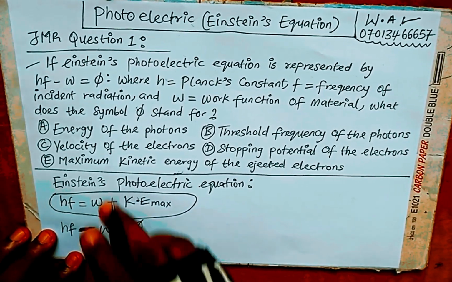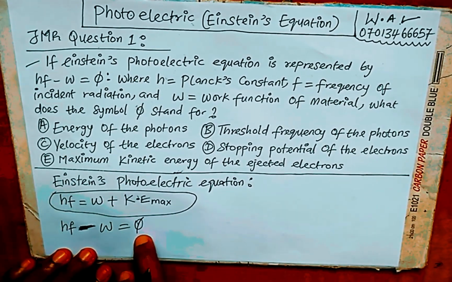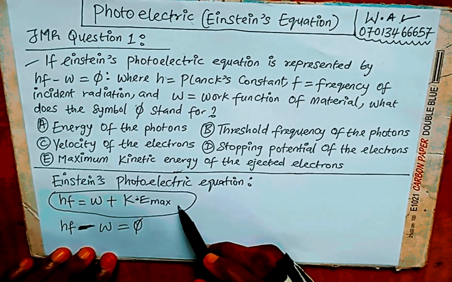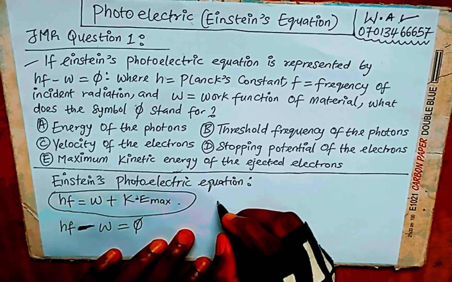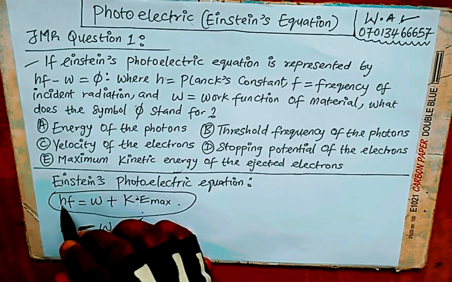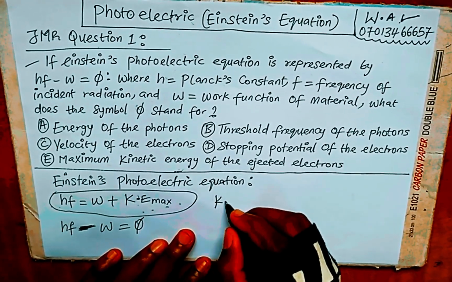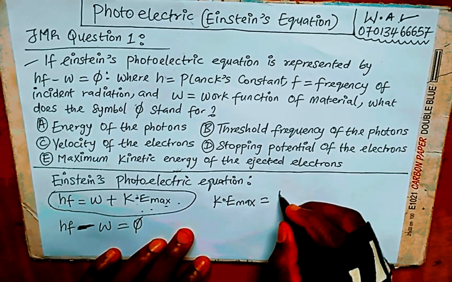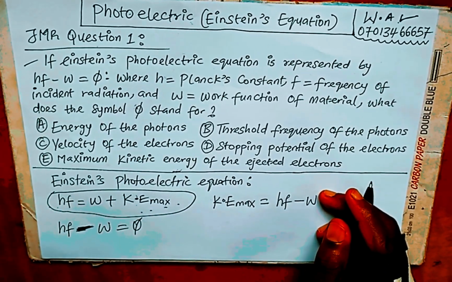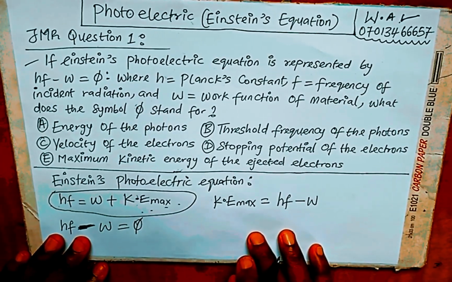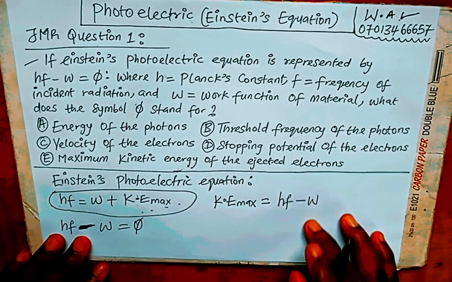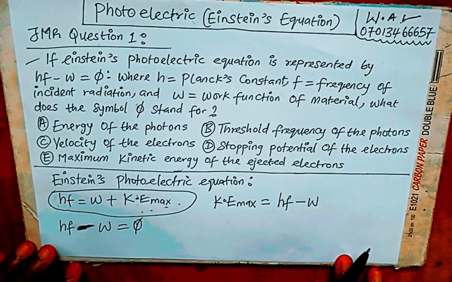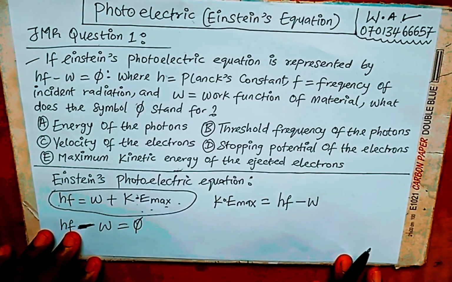This is the one they gave us for the question, asking what this thing represents. This formula can be rewritten by bringing the maximum kinetic energy to this side: KE max is equal to hf minus W. We will use this to make a comparison.